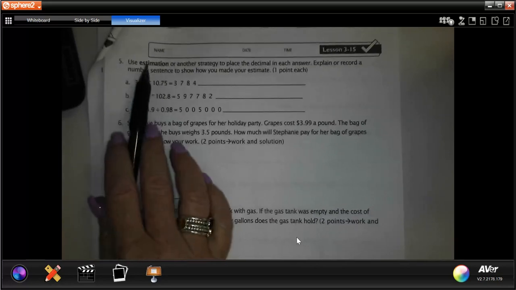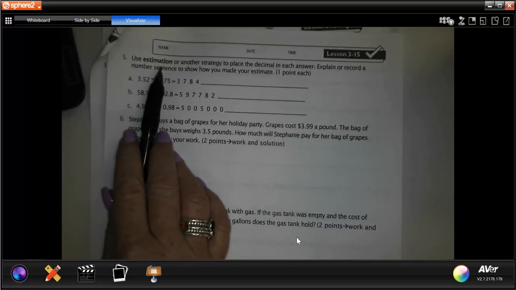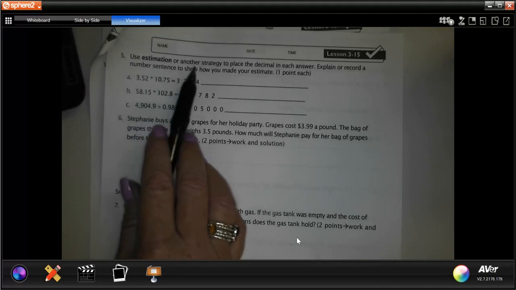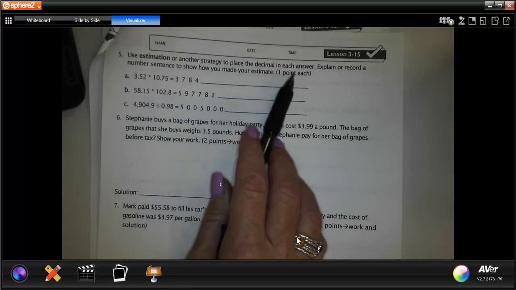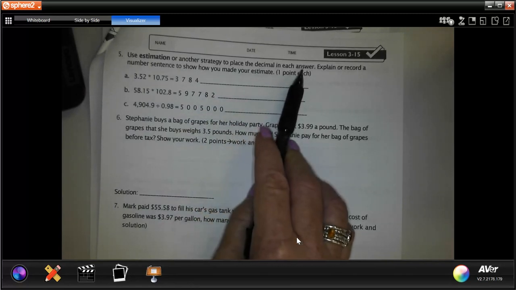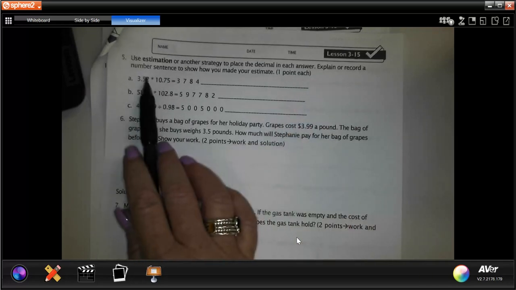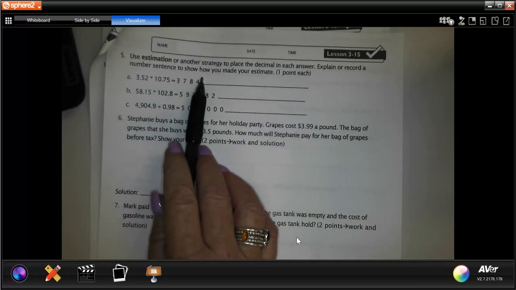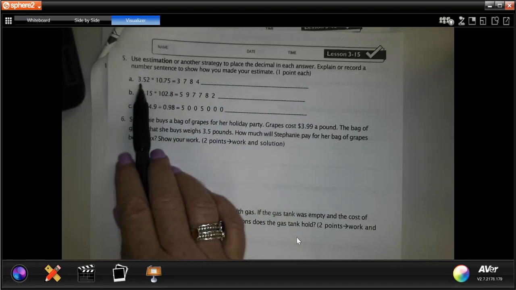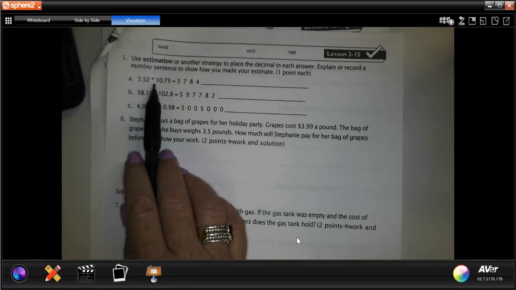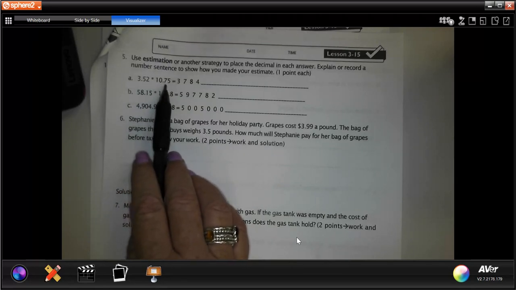Number 5, use estimation. Think about what we do for estimation or another strategy to place the decimal point in each answer correctly. Explain or record a number sentence to show how you made your estimate. The first one's $3.52 times 10.75.